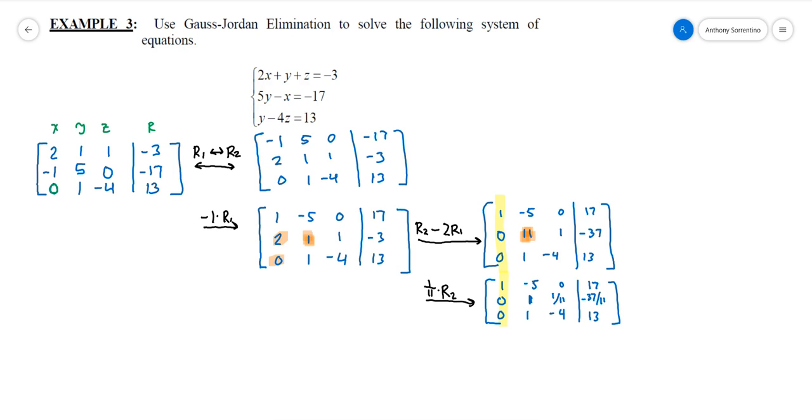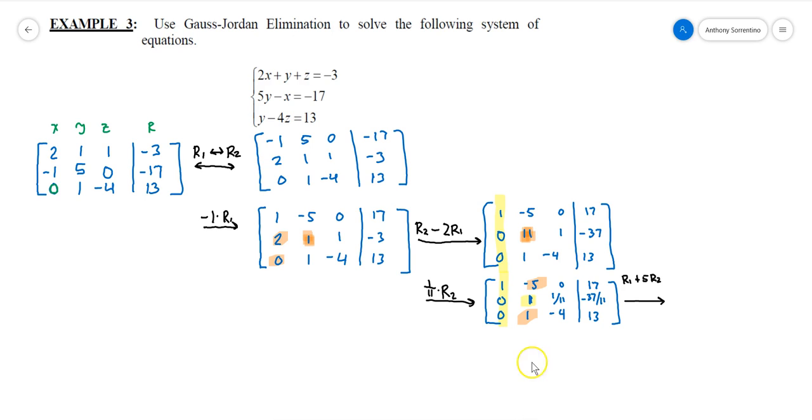Now what I want to do is get a 0 here and a 0 here. I established my 1, and anything I do beyond this point should not change this 1. Those 2 that I just highlighted in orange need to become 0s. So I'm going to define 2 row operations to accomplish that. I'm going to take row 1 and add 5 times row 2.